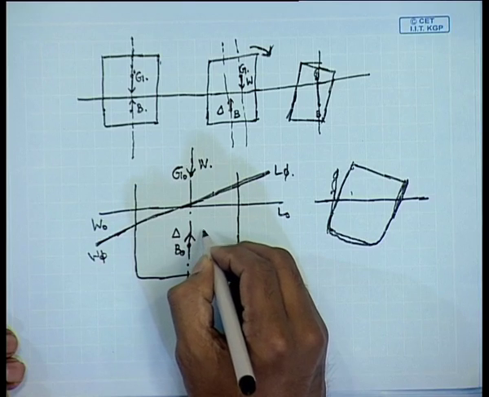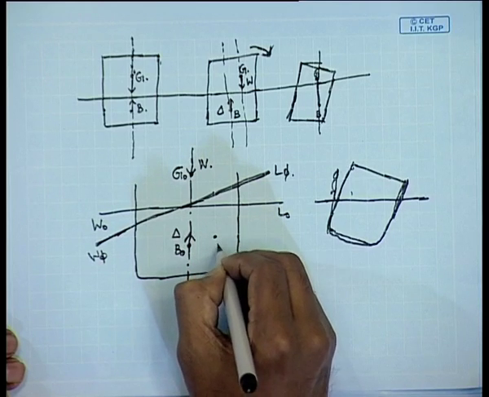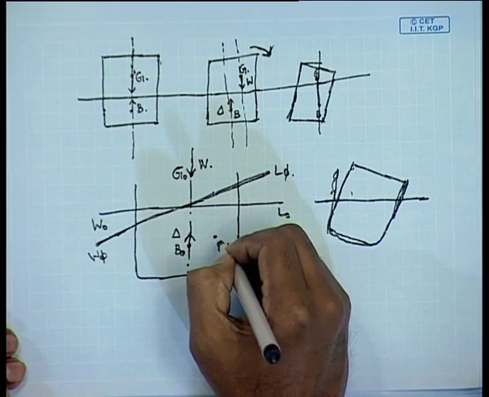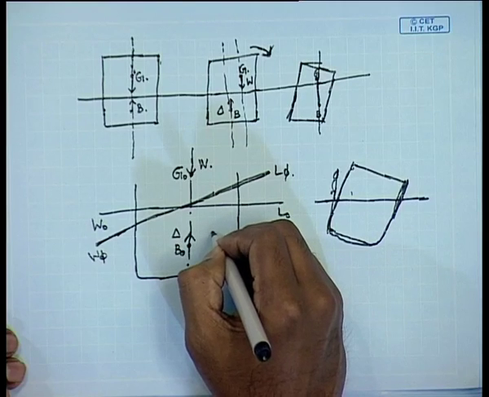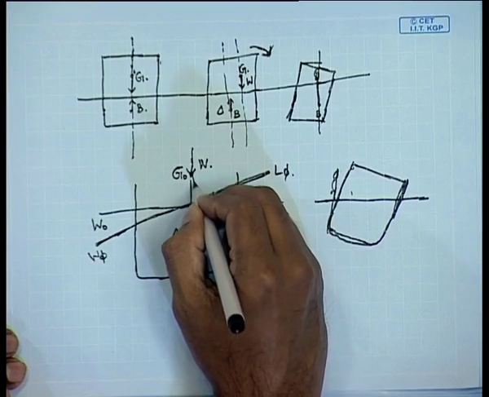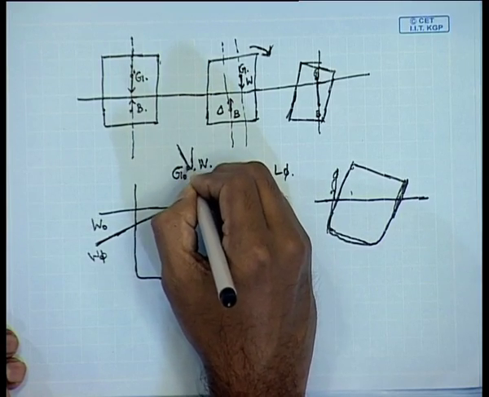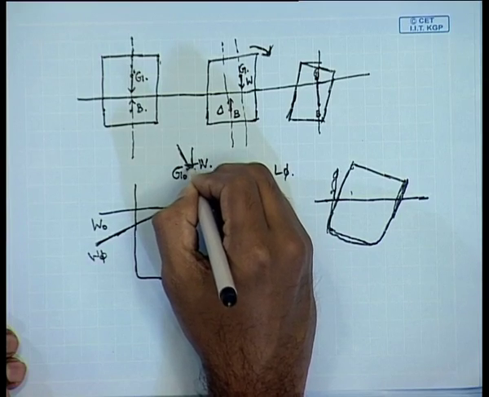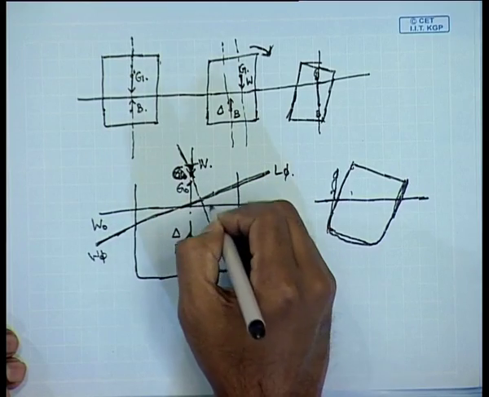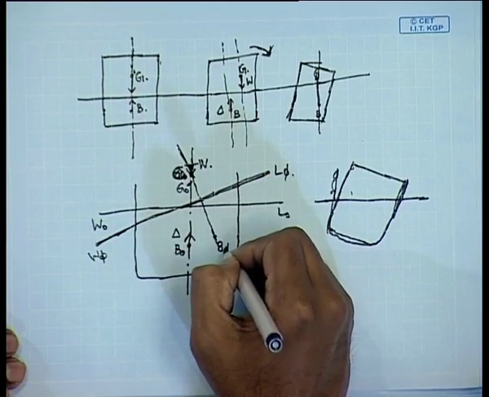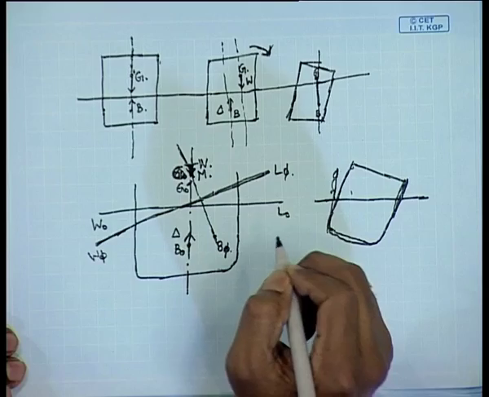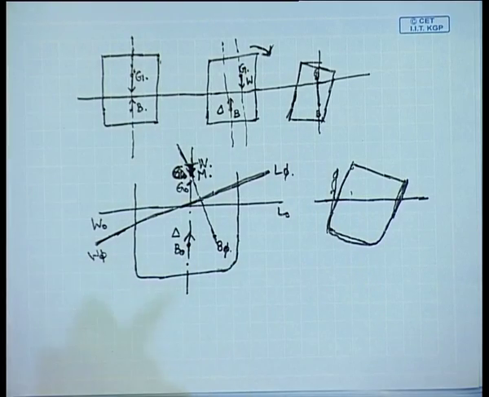Then the body tilted and B0 shifted to this point B phi, the new point, and the vertical at that point is given by this line. Let us say G0 is here, and B phi goes up and hits the vertical here. This point of intersection is known as M.